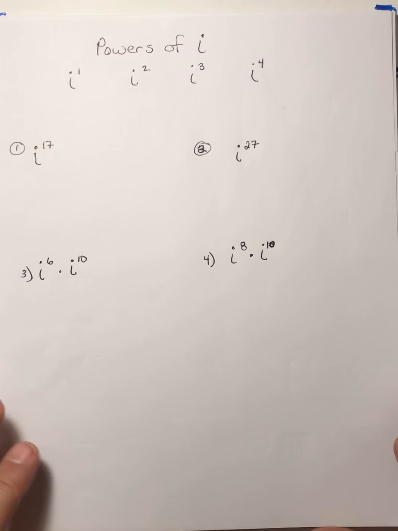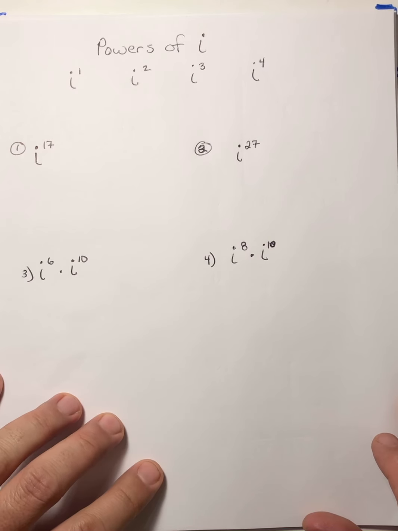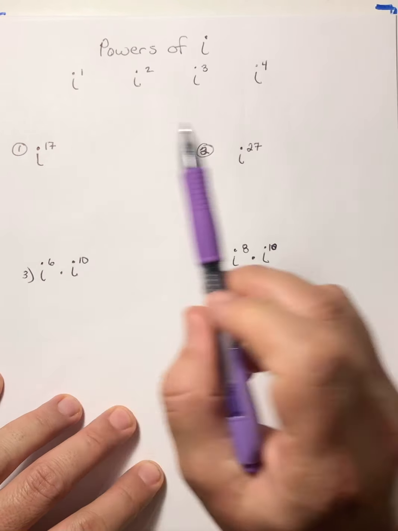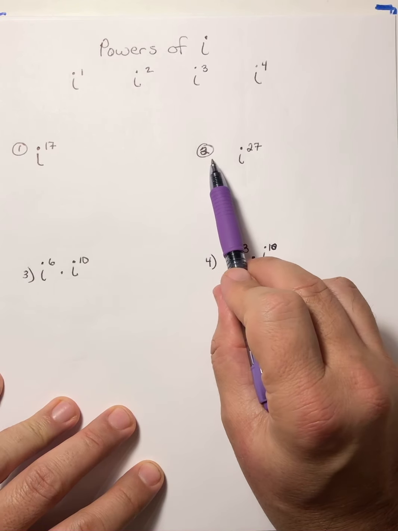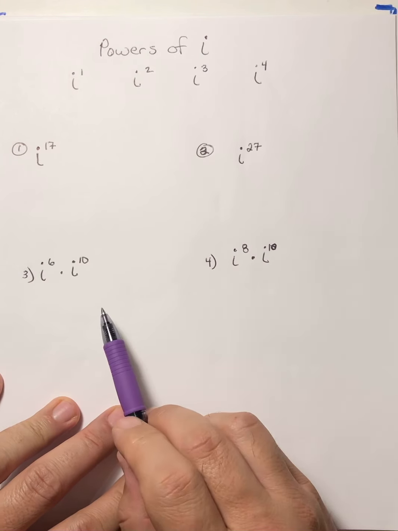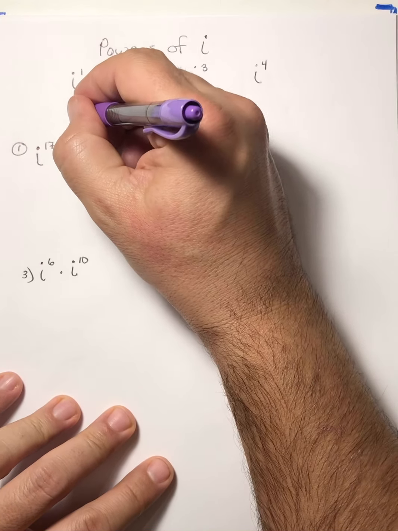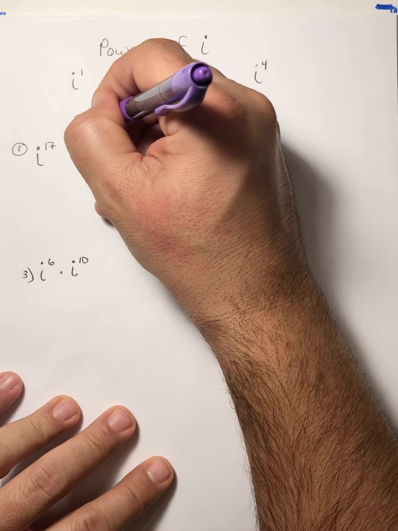All right, now we're looking at what's called powers of I. Okay? Powers of I. So we have to simplify, like I to the 17th. Simplify I to the 27th power. Simplify this product. So here we're going to be doing some simplification.